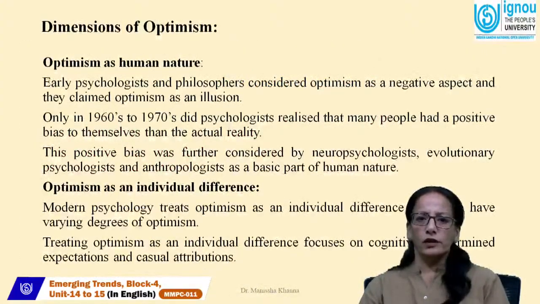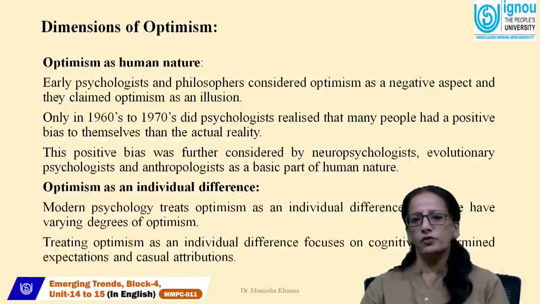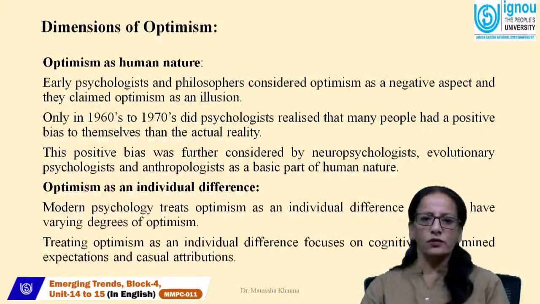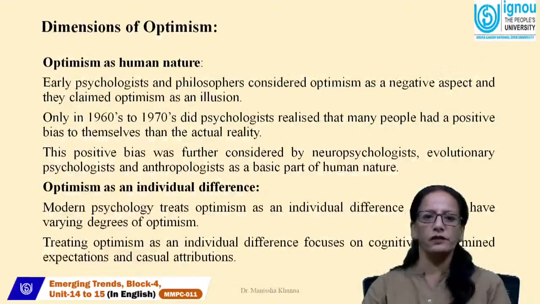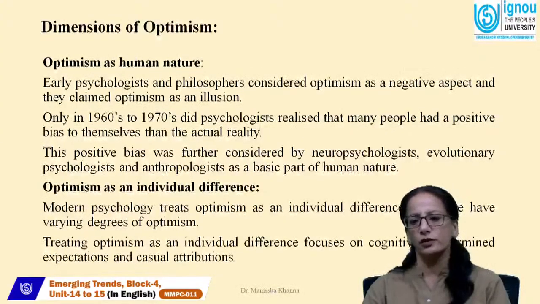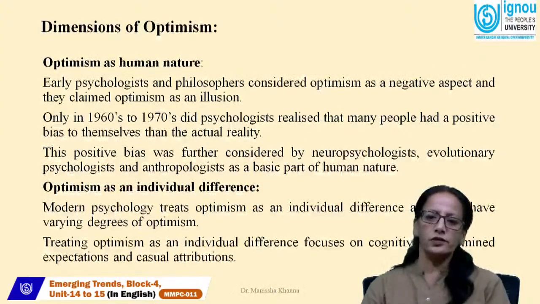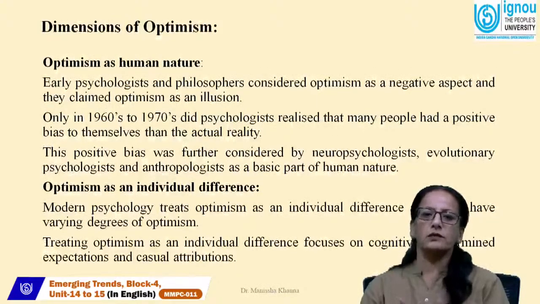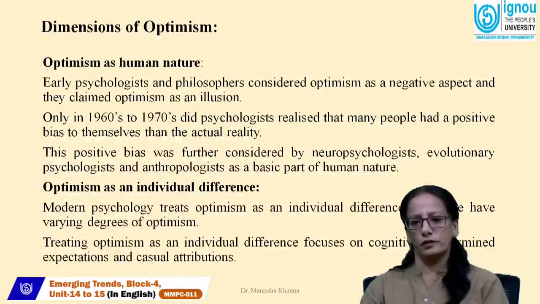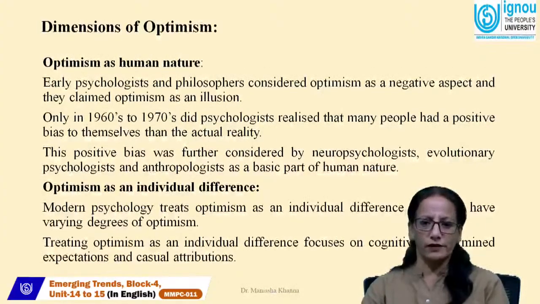Now there are different dimensions of optimism. Optimism as human nature. Early psychologists and philosophers considered optimism a negative aspect, and they claimed optimism was an illusion. It is just an illusion, and there is no such thing as optimism. People make up this term on their own, where they need self-validation.